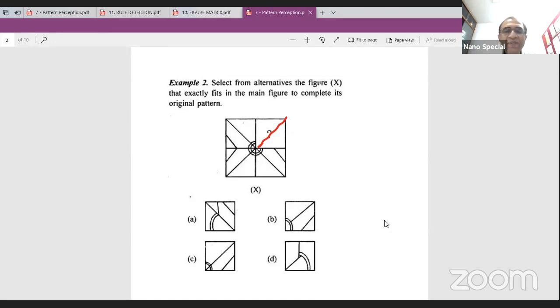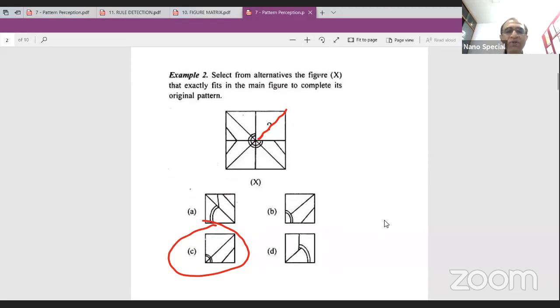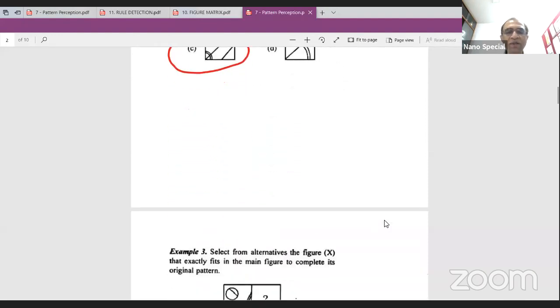On that basis itself, we can eliminate all the other answer choices except C. C is the only choice where there is a line which goes across straight intersecting with the other line. So the answer is C. As you can make out, these are very easy questions. You should just get the hang of it. Everybody has got it.